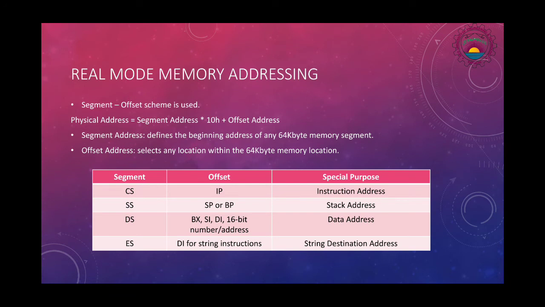In real mode memory addressing, to generate 20-bit physical address, segment offset scheme is used. So the formula for generating 20-bit physical address is segment address multiplied by 10h plus offset address.